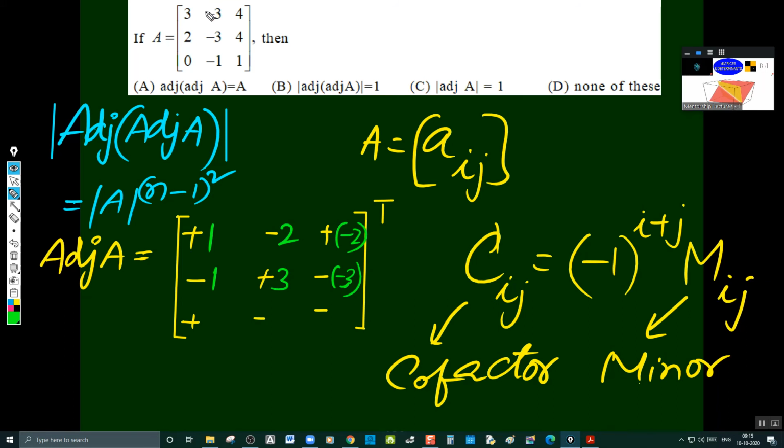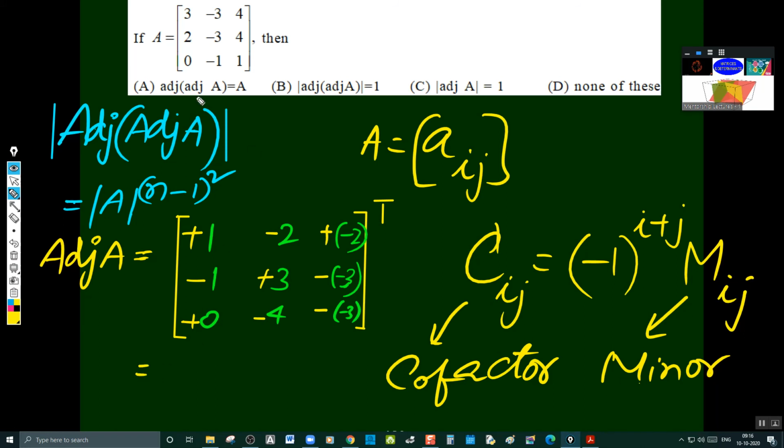And for 0, it is -12 plus 12. For -1, it is 12 minus 8. And for 1, it is -9 plus 6. This is what you get. Write the transpose of it.